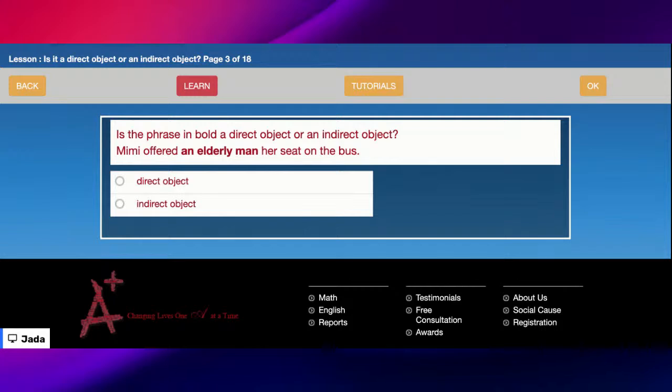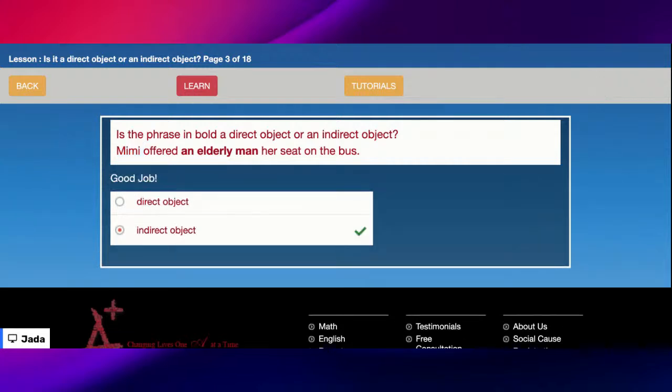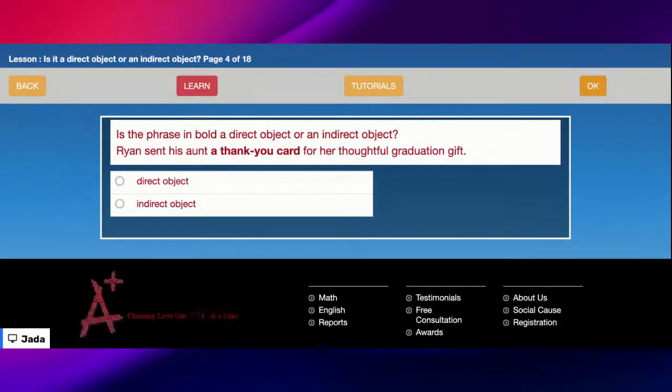So, what will be our answer here? Now, offered is the verb, and then her seat is the direct object. So this should be the indirect object, okay? Because she's offering it to the elderly man. Yeah, option two is correct.